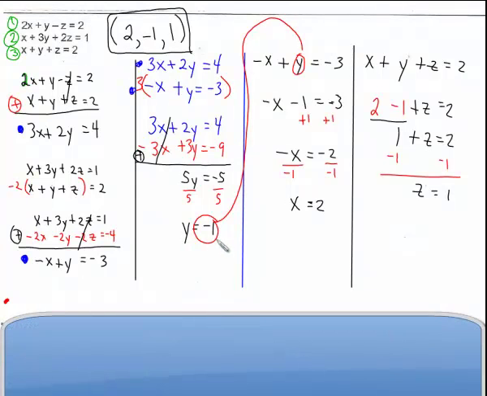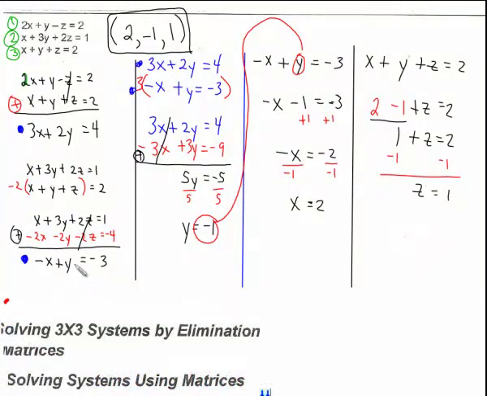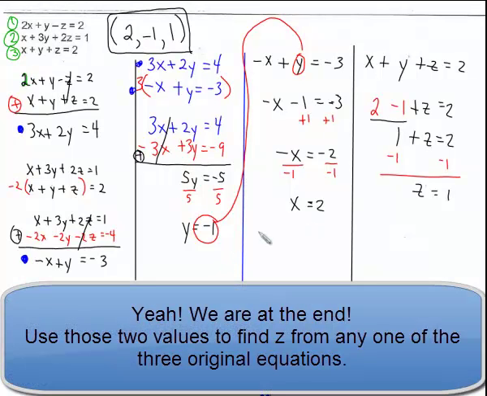So now I have one variable solved for. Plug this variable into either one of these equations. Does not matter which one, but negative x plus y equals negative 3 is simpler, so I choose that one. And we get x is equal to 2. Since I have two variables, I could substitute those two variables in any one of the three equations again, and I get my third variable.